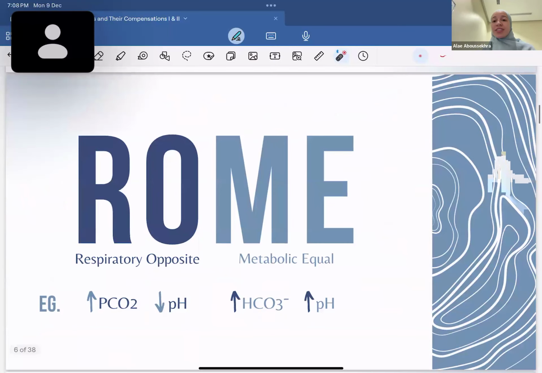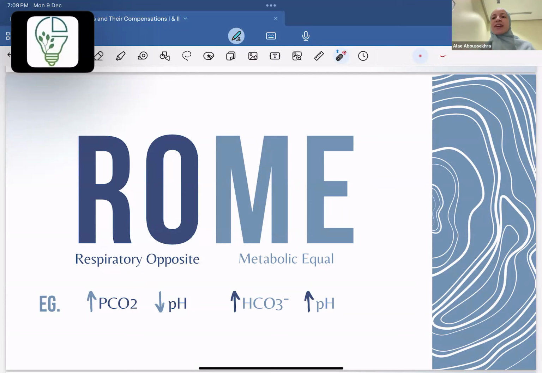This is an important rule that you should remember. Again, Dr. Angelica really emphasized this. It's ROMA. Let's break it down. What does ROMA stand for? The R and O stand for respiratory opposite. It means that if there is a disturbance in the respiratory, which we said is caused by CO2, there will be an opposite effect on pH.